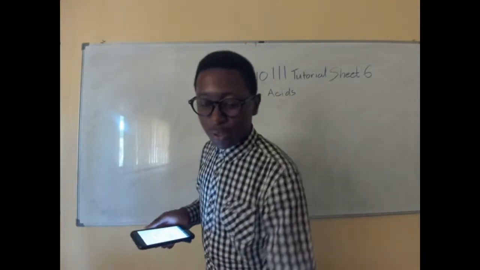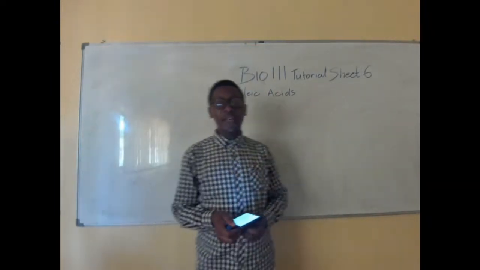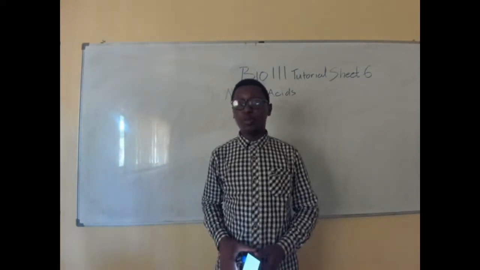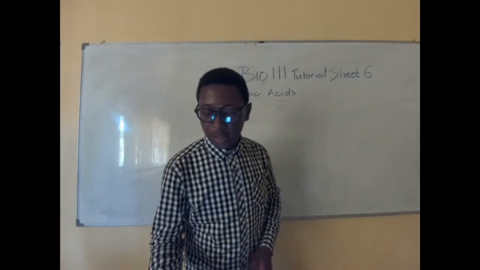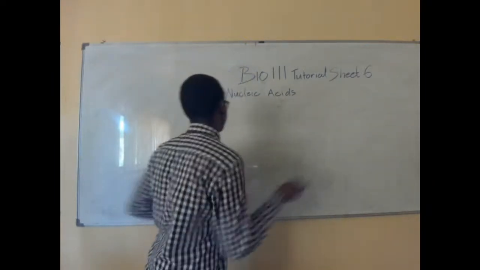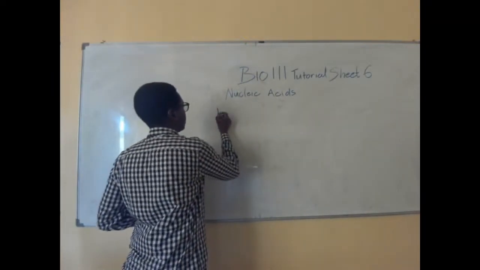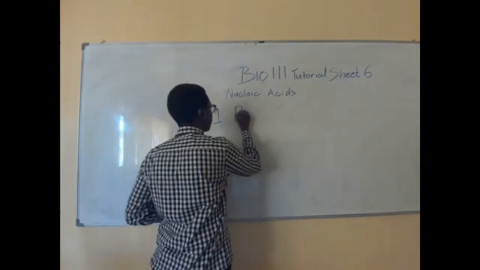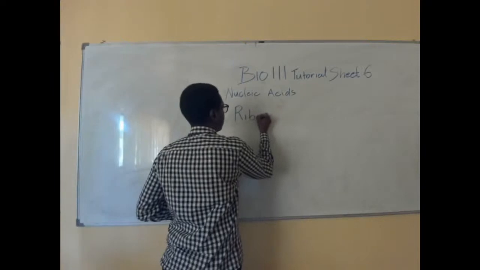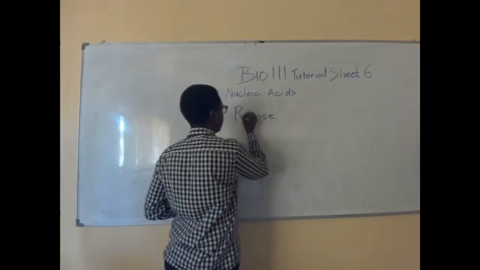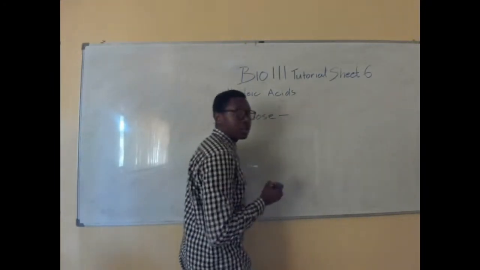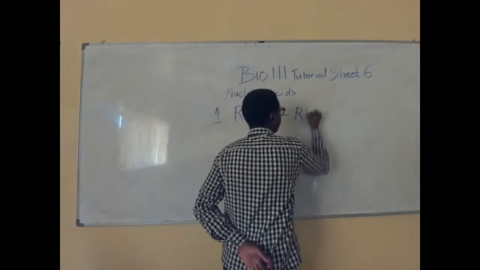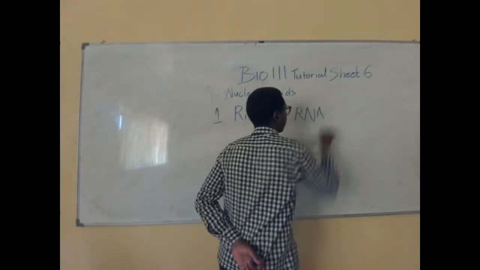Okay, so in nucleic acids you find 2 groups of sugars. They are both pentose sugars, and these are, so the first one you find is ribose, which is found in ribonucleic acids, RNA.